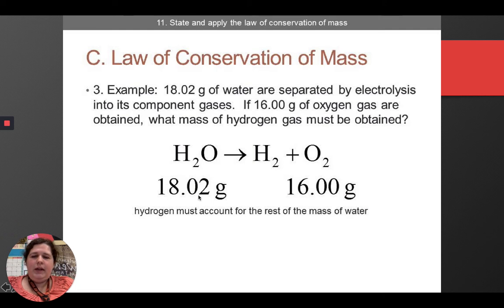You would do 18.02 minus your product, which is 16.00. That means that what's left, your hydrogen, must be 2.02 grams. Whatever you have on the left has to equal the total of what you have on the right.